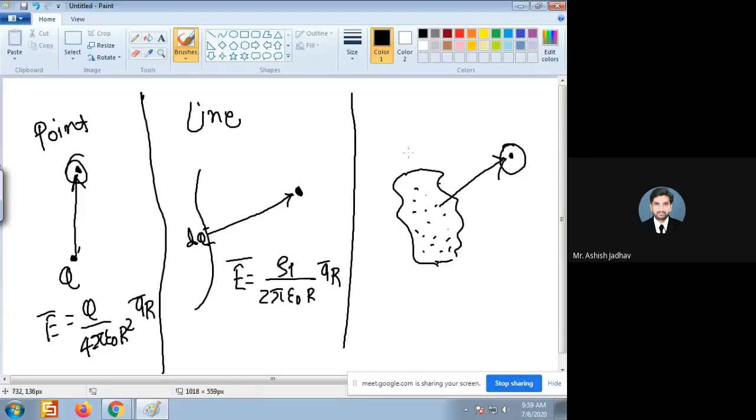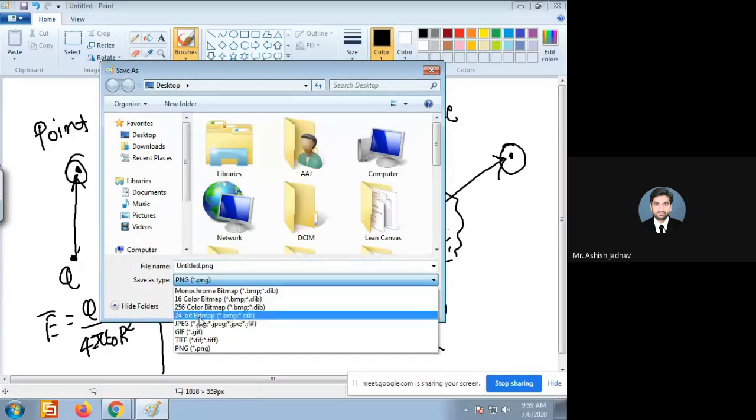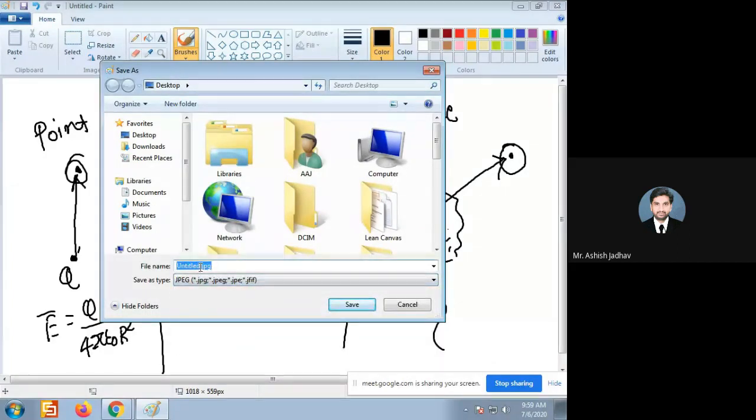Now today we are going to derive the expression for a surface. Because of this surface, how much electric field intensity is produced at this point, that we are going to derive, right? To derive this, what would be the assumptions? How can we proceed?